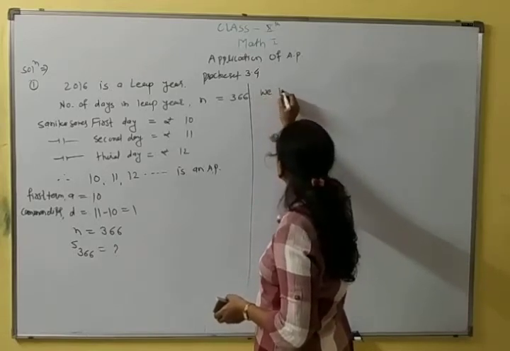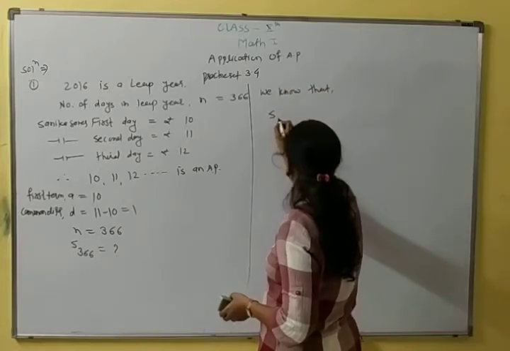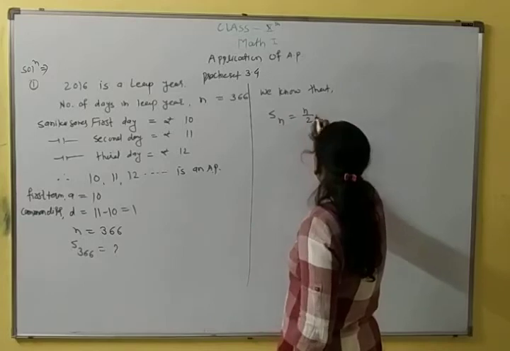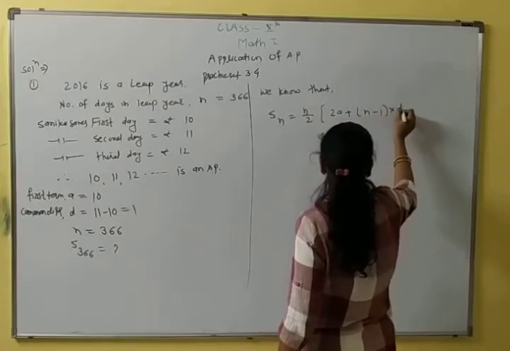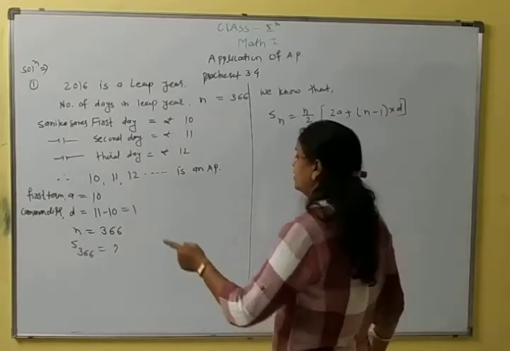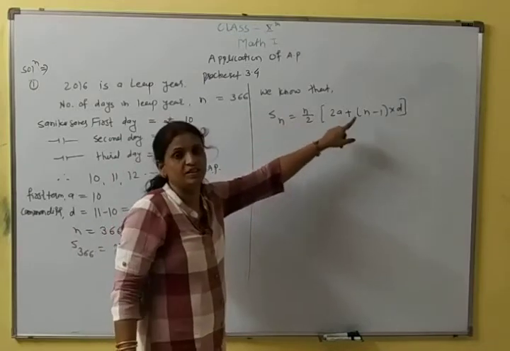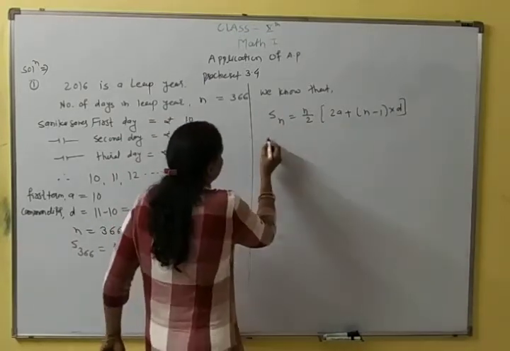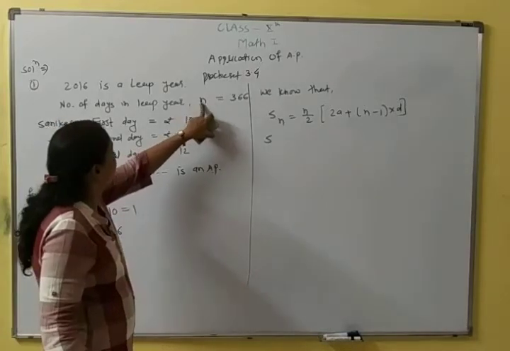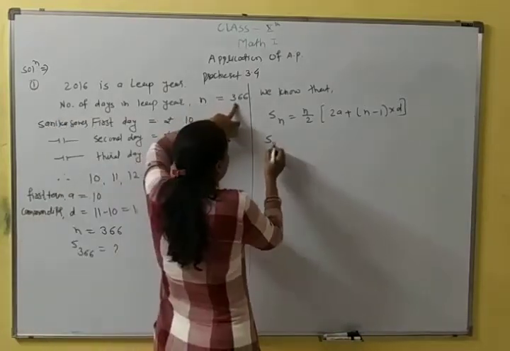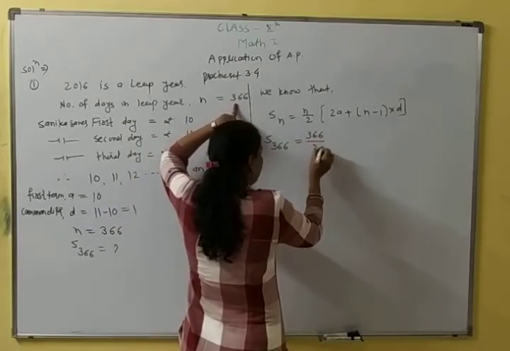We know that Sn equals n upon 2 into twice a plus n minus 1 into d. Here we find S of 366. So we write down the sum of 366 terms because the number of days in a leap year is 366. Therefore the sum of 366 days equals 366 divided by 2.